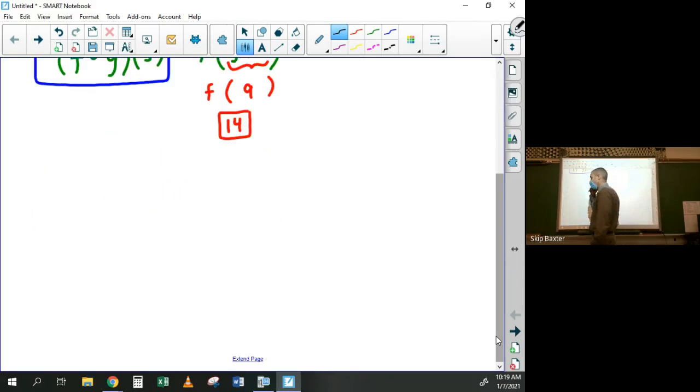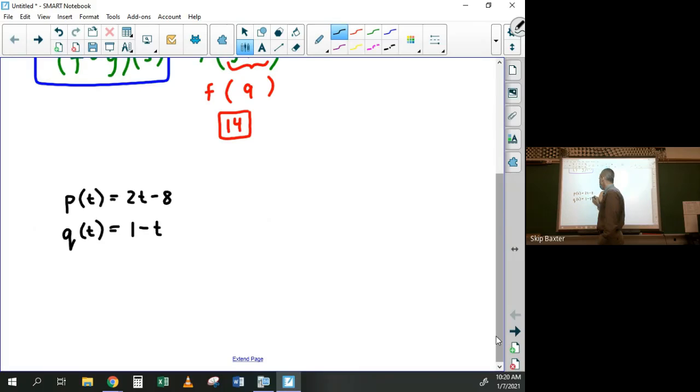Suppose I have p of t equals 2t minus 8, q of t equals 1 minus t squared, and r of t equals t plus 3.